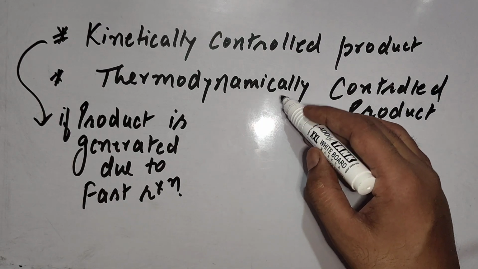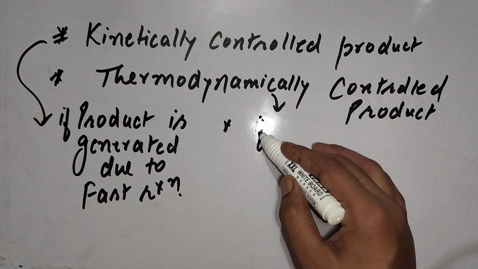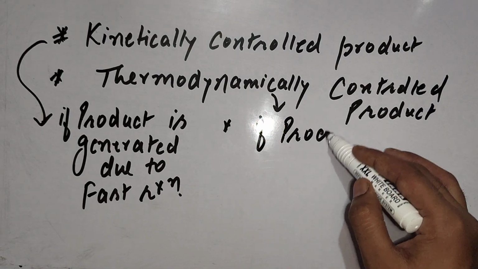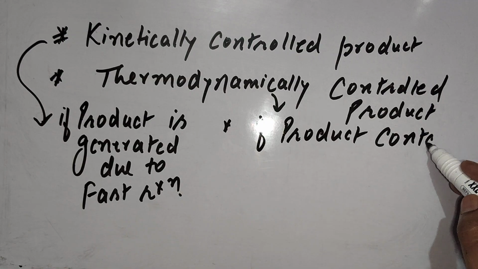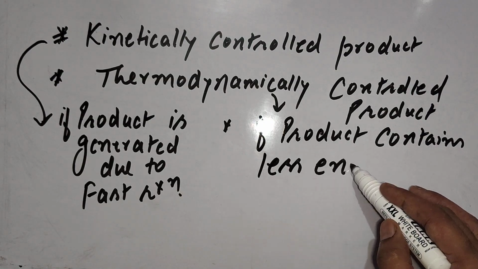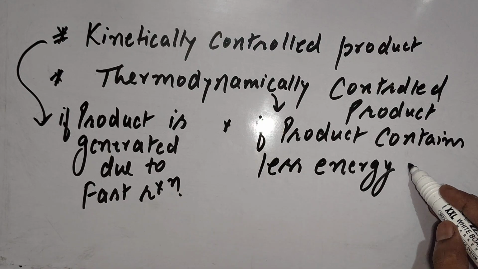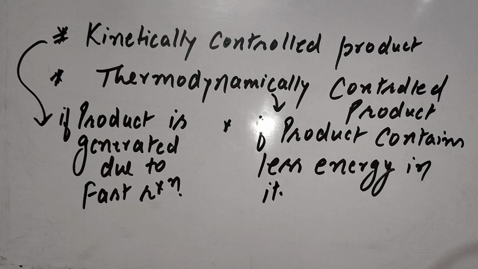And what is the meaning of thermodynamically controlled? If the product contains less energy in it, then we will say the product is thermodynamically controlled. Please write down these two definitions.